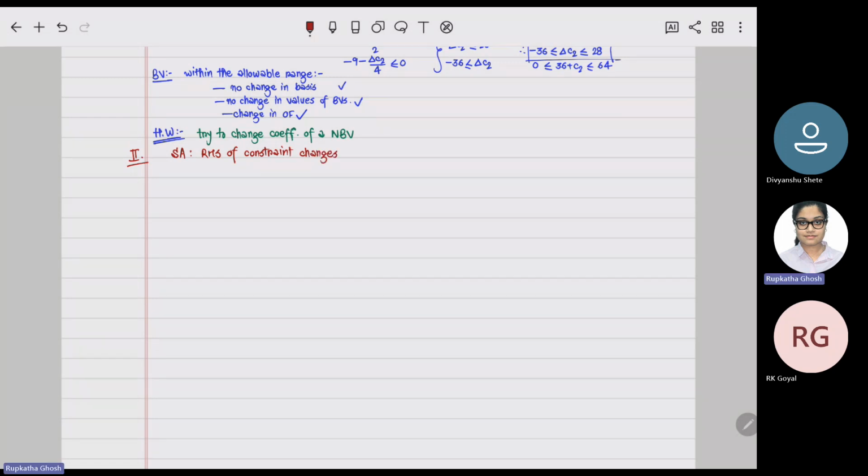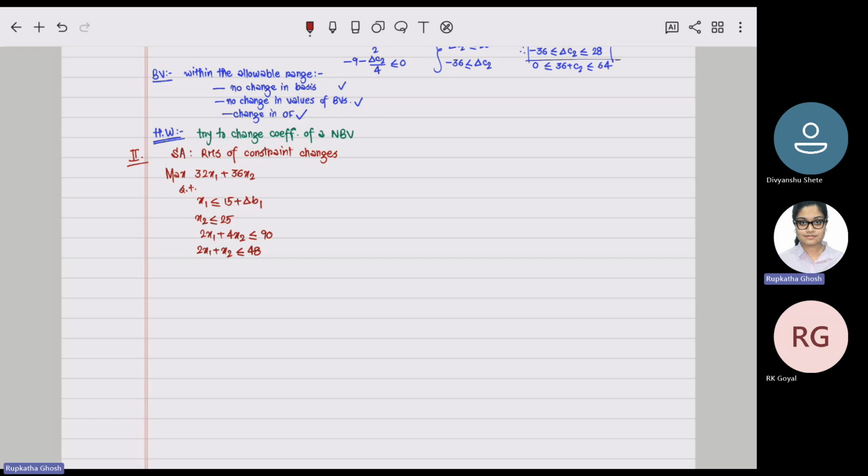So now let's say this is my model, with some delta B1 on the right-hand side. Now what will happen? That is what I want to know.